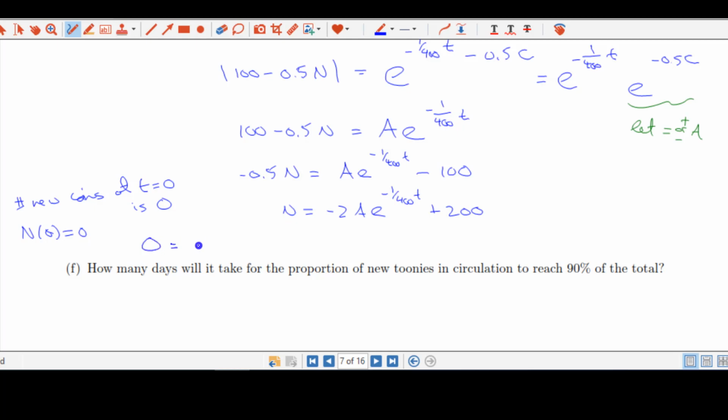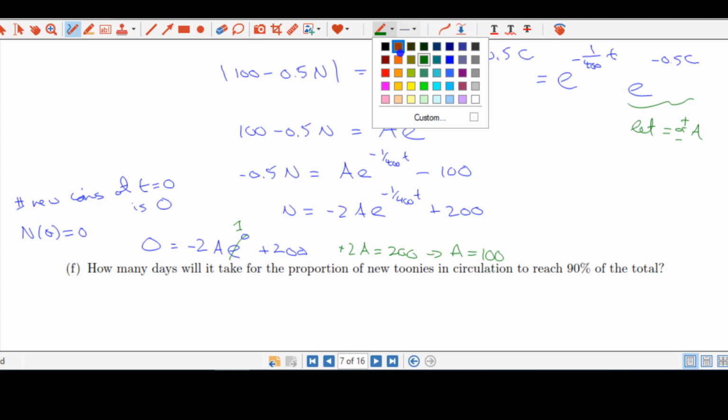We get 0 equals negative 2a e to the 0 plus 200. E to the 0 is a lovely number. It's just 1. So this quickly turns into, let's bring that over, negative 2a, positive 2a equals 200. That means a equals 100.